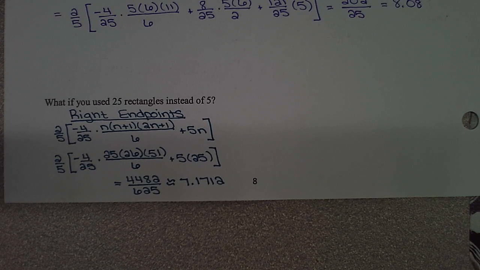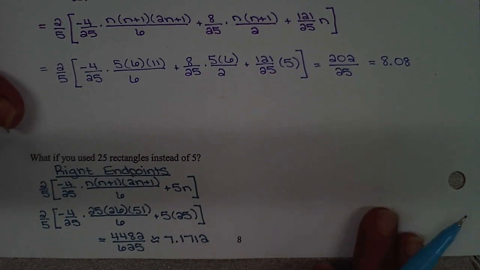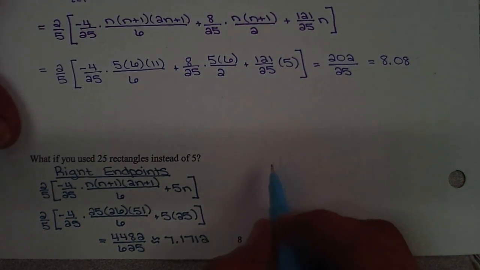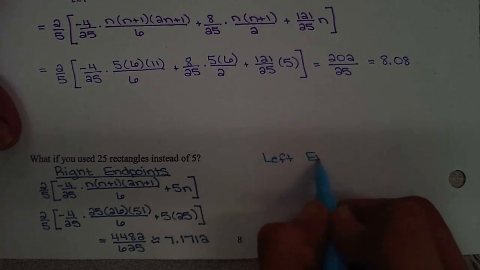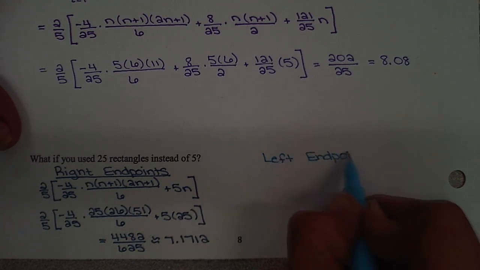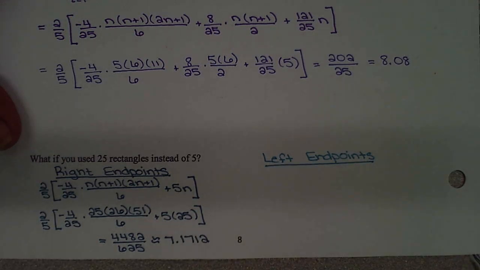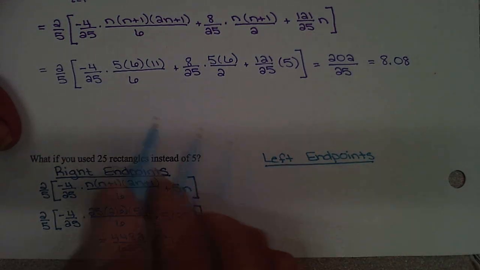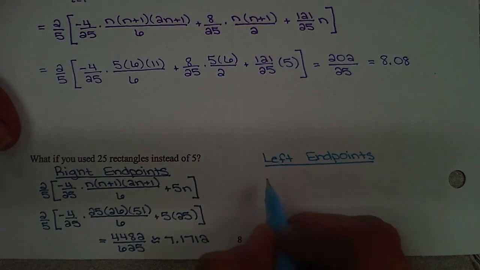And now we'll take a look if we did it with our left endpoints, which is what we just did up here. So I'll pull that down a little so we can still see it. Go ahead and label here. We've got our left endpoints. Our formula is this one here before we started plugging everything in.